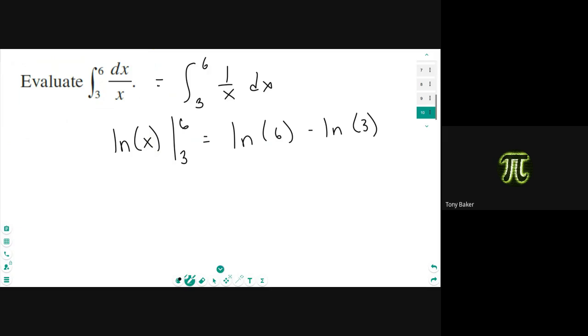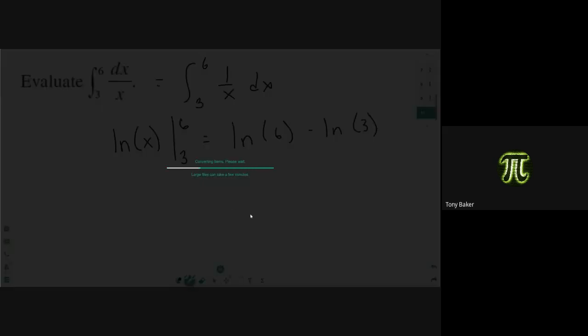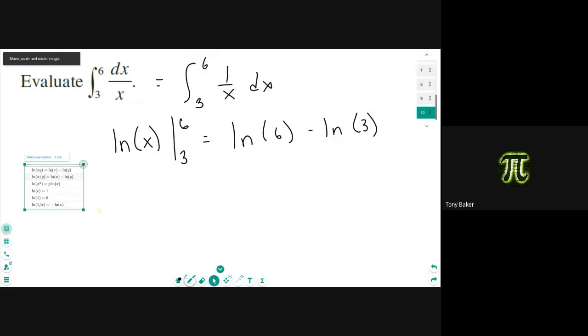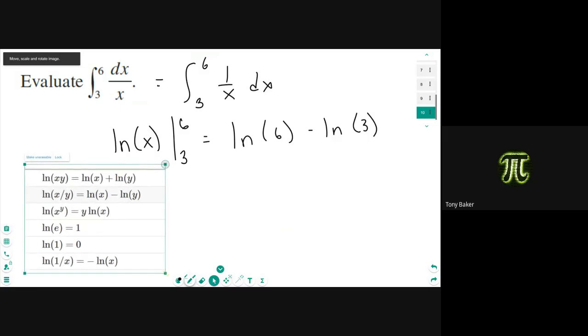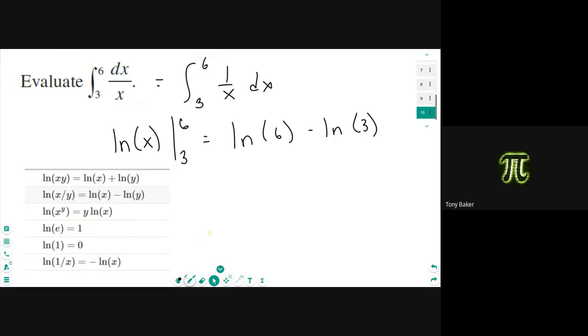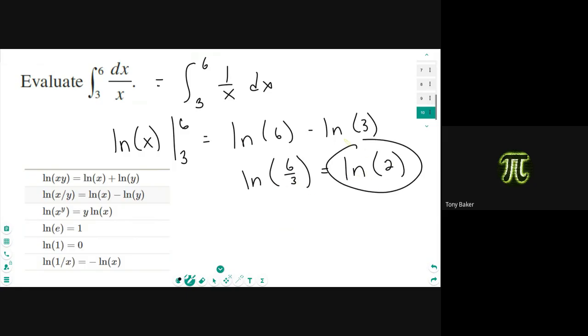Great, but it works. Remember your rules for logarithms. So this becomes, which is just ln of 2.